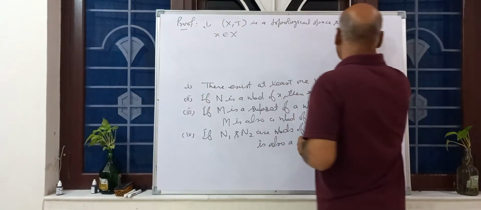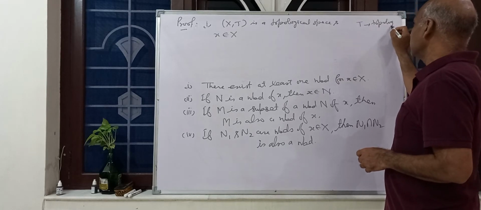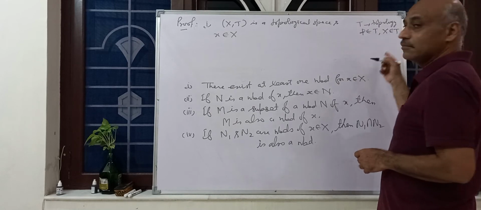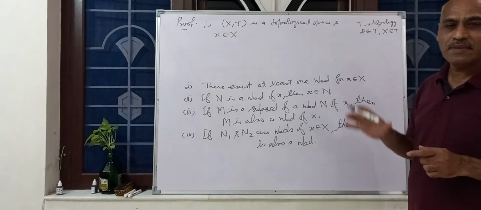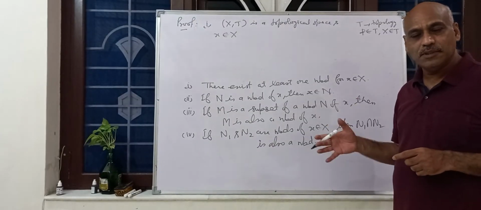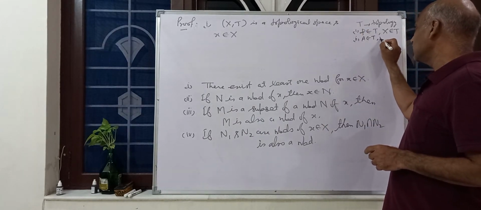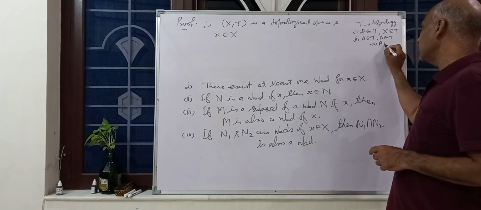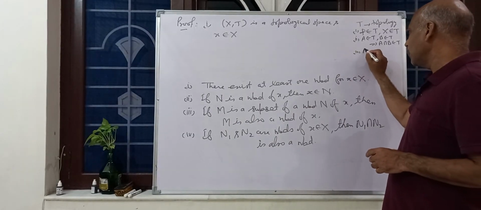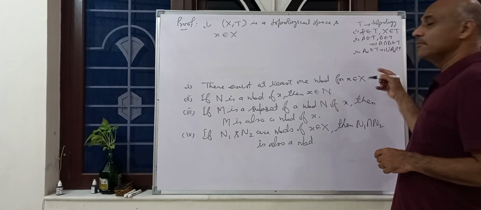If T is a topology, the first condition is phi belongs to T, X belongs to T. Second, if A belongs to T and B belongs to T, then A intersection B belongs to T. Third, if A alpha belongs to T, then the union of A alpha belongs to T.